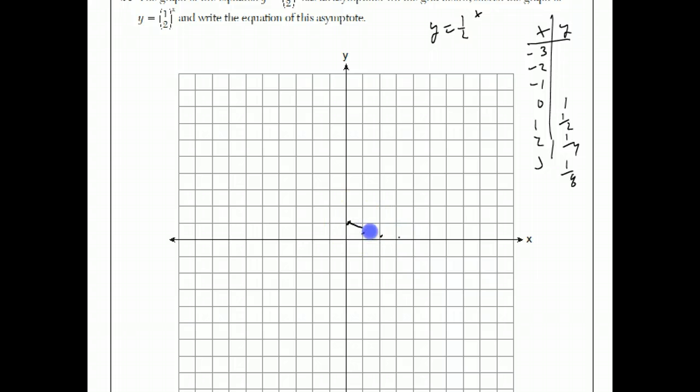So already you can see just from that the asymptote appears to be y equals 0, this x-axis. But we want more of the graph, so it's a little tricky. 1/2 to the negative 1, you could use your calculator for it. I like to just do it regular. It becomes 1 over 1/2 to the first, which becomes 2.